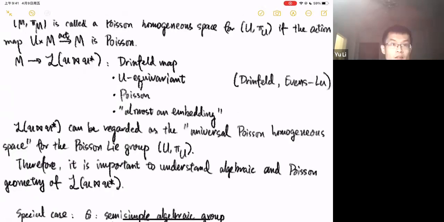So when M is a Poisson homogeneous space, then we actually have a map from M to the variety L, which is usually called the Drinfeld map.